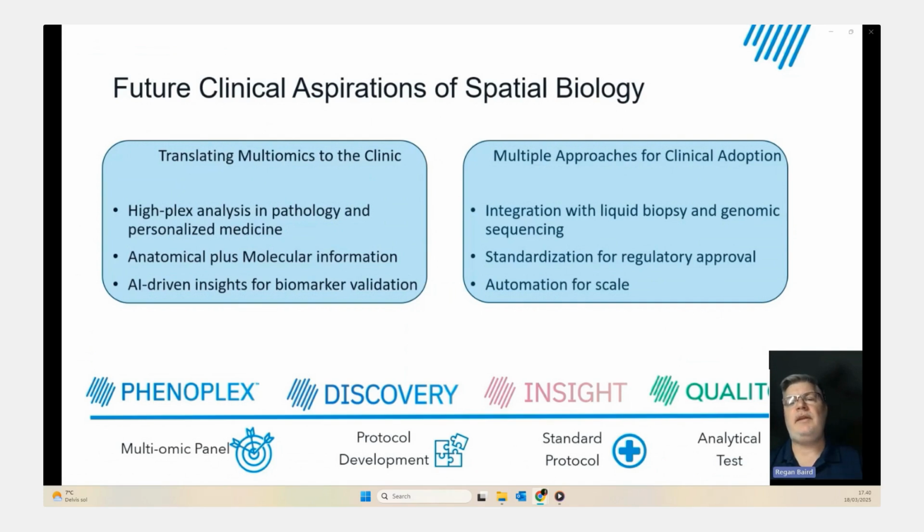At Visiopharm, we think about this with the platforms we develop, where Phenoplex has been designed as a platform for spatial biology, where you can look at as many signals as necessary across those multimodal, multi-omic panels and narrow down from the large list to the pertinent targets.